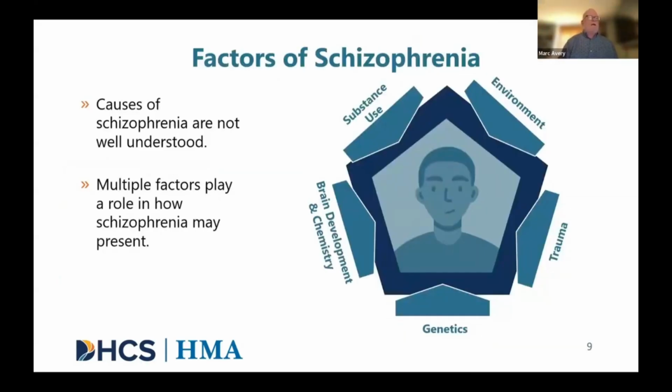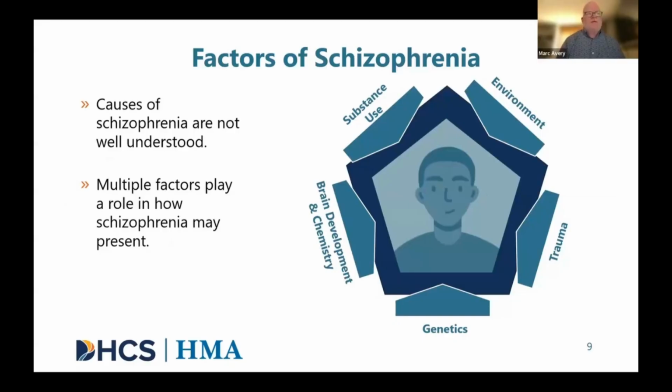Keeping Darren in mind, let's talk about schizophrenia in general. Many of us may have an associate, client, or loved one with this condition, but what causes schizophrenia in the first place? The fact is the causes of schizophrenia aren't well understood. This may be because there's probably not one single pathway that leads to developing this condition.